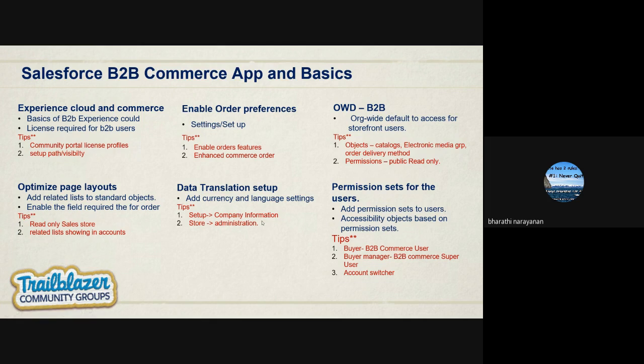We also have one more option: after creating the store you have the administration option, and if you want multiple languages, you can add them there also. You have to keep in mind the ways we are adding them, and where we are setting the default values.